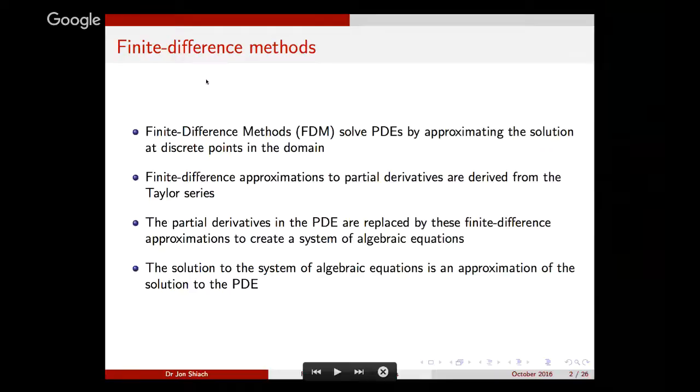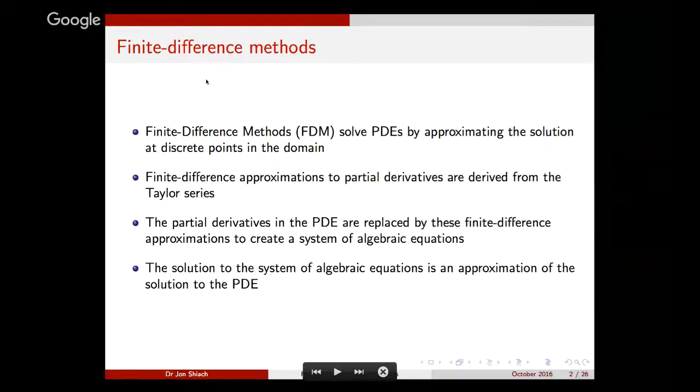So we replace any derivative in our PDE with a finite difference approximation. Instead of writing it in terms of calculus, in terms of a derivative, we're writing it in terms of an algebraic equation.